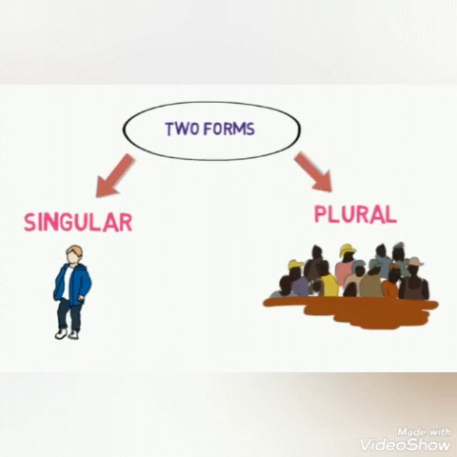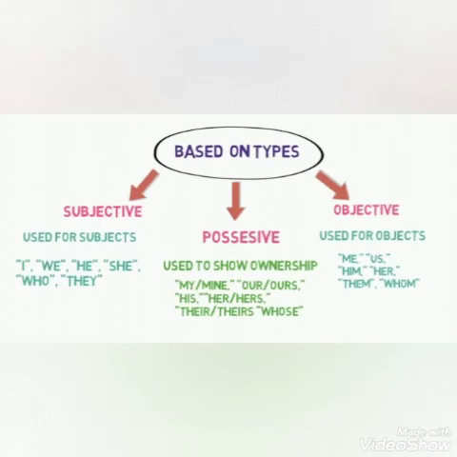Personal pronouns are further divided into 3 types: subjective, possessive and objective. Subjective is used for addressing subjects. I, we, he, she, who and they are examples of subjective pronouns. Possessive is used to show ownership.